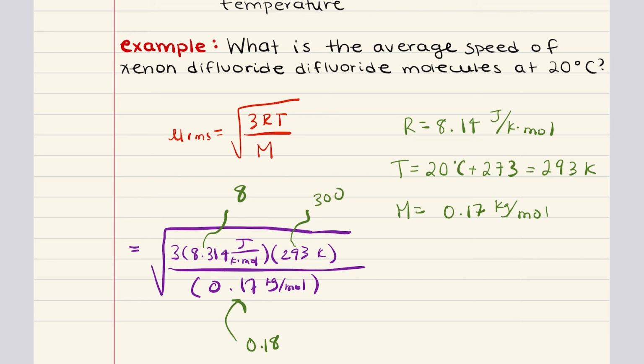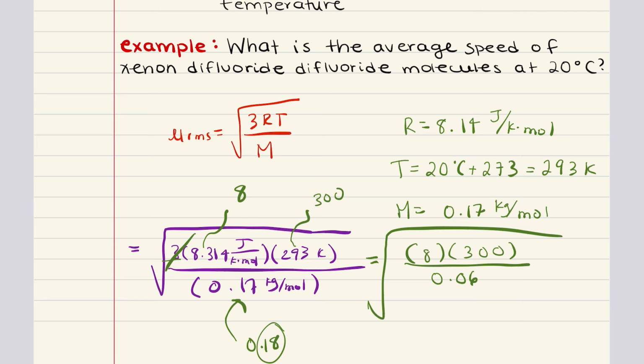This is really close to 0.17, but 0.18 is divisible by 3, so that's going to make that kind of calculation a lot easier for us, because now I can divide the numerator and the denominator by 3, and what we get left with is 8 times 300 over 0.06, and this is all under the square root. Now, what else is really easy is this calculation right here. 300 divided by 0.06 is equal to 5,000.